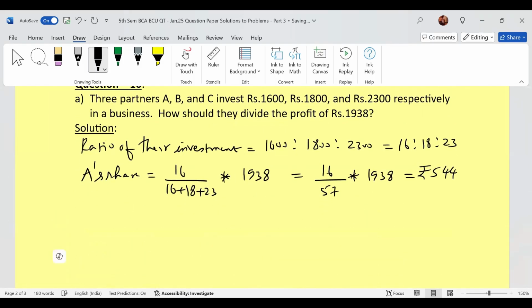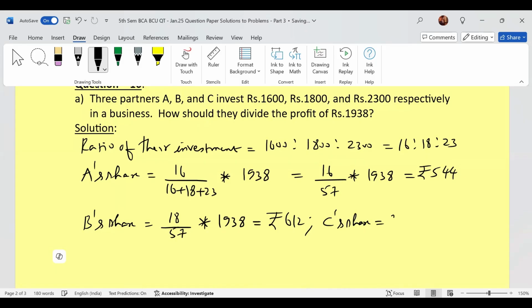Next, B's share will be 18 divided by 57 into 1938. If we calculate this, we will get rupees 612. Then C's share will be 23 divided by 57 multiplied by 1938.